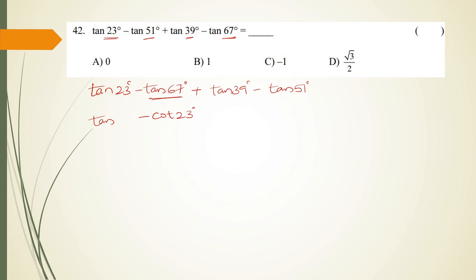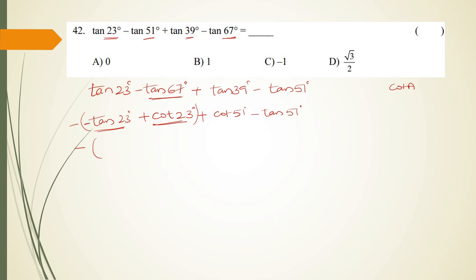So this is tan 23 degrees minus cot 23 degrees plus, next, tan 39 I can write as cot 51, minus tan 51. Now if I take minus as common, this becomes minus and this becomes plus. So minus of cot 23 degrees minus tan 23 degrees.